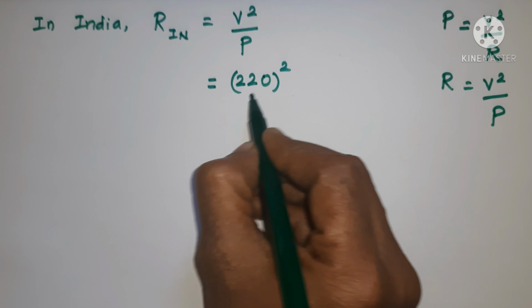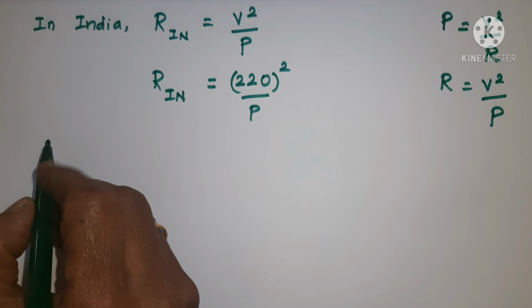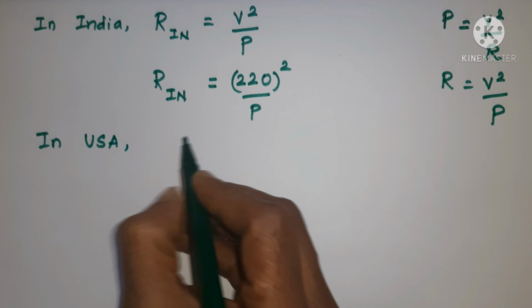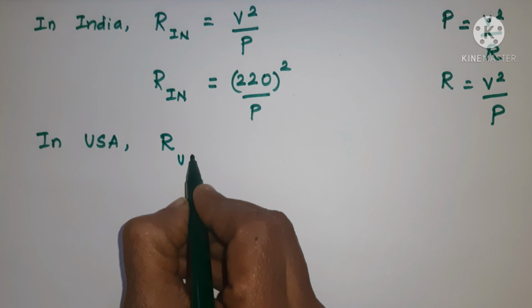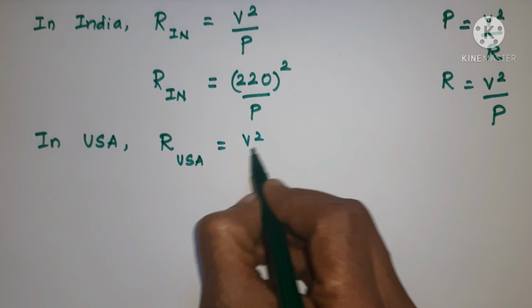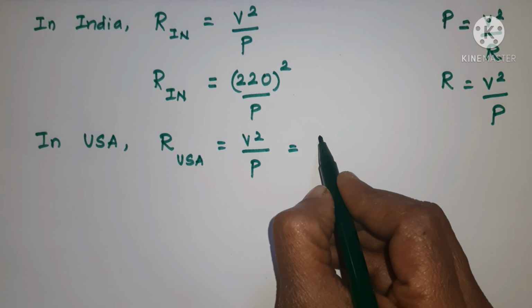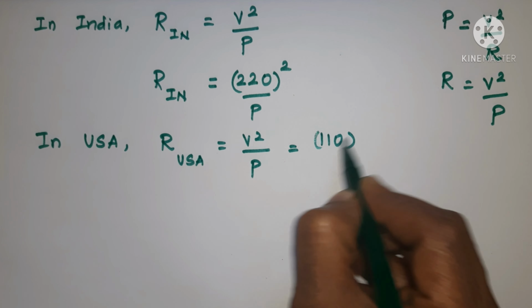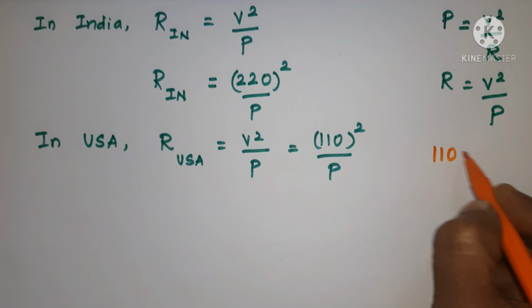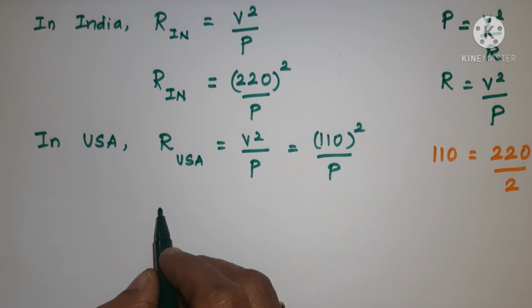We can write the whole square divided by P, that is R India. Similarly, we have in USA, the resistance in USA, we can write that to be V square by P, which will be equal to V value here to be 110 the whole square divided by P. 110 could be written to be 220 divided by 2.